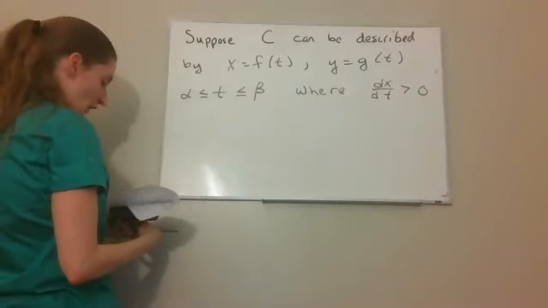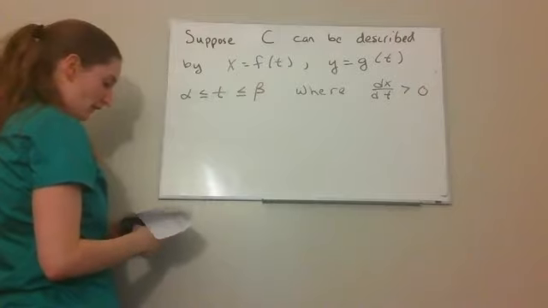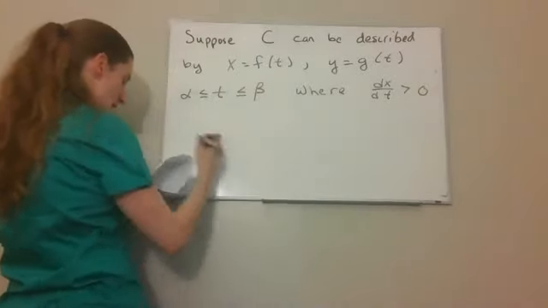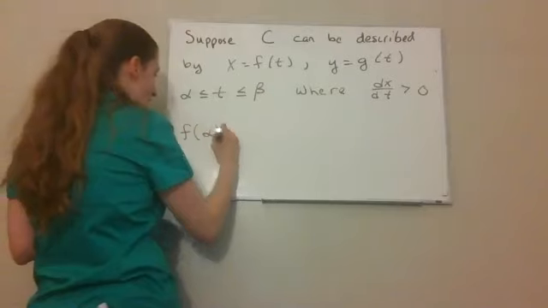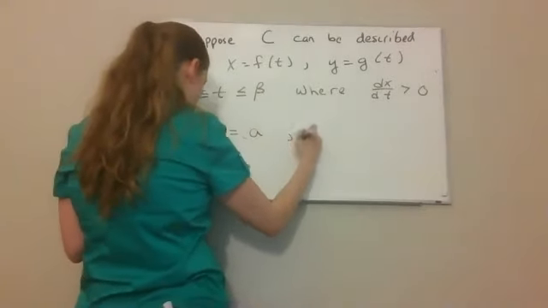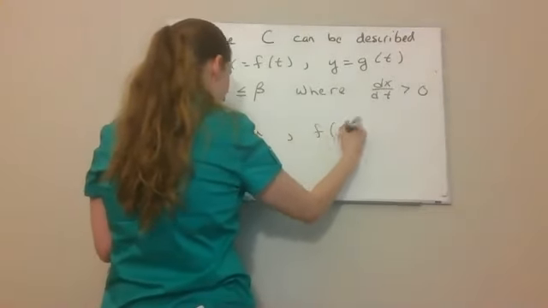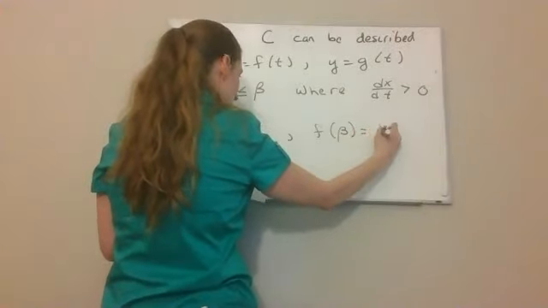So we have our curve traversed exactly once, left to right. f of alpha is equal to A, and f of beta is equal to B.